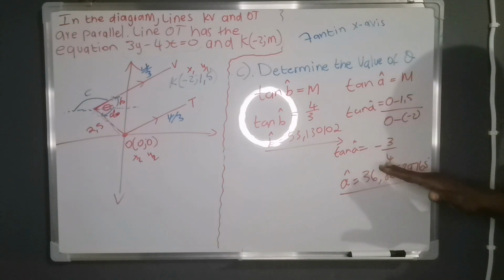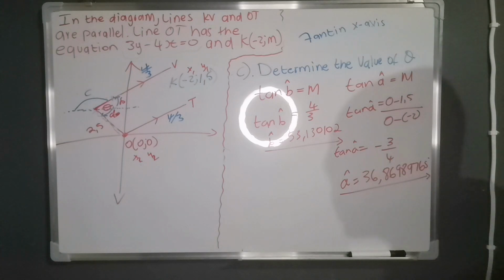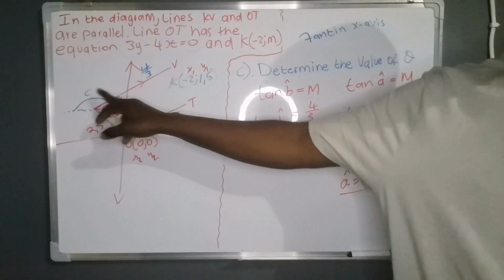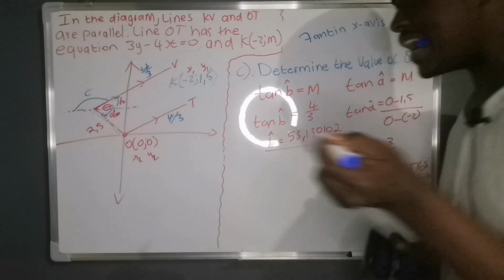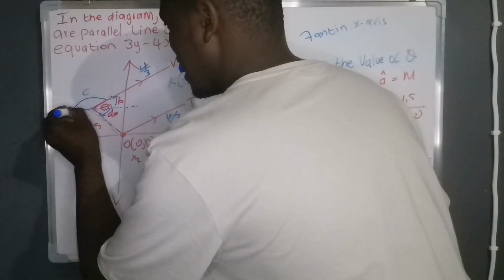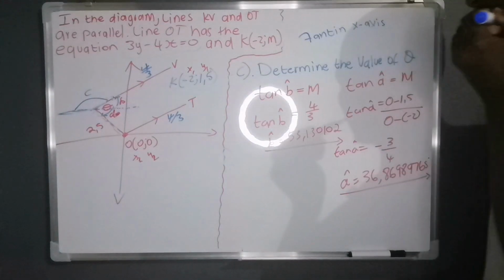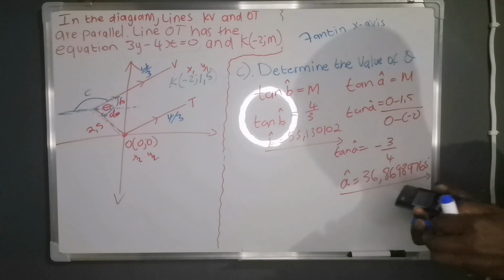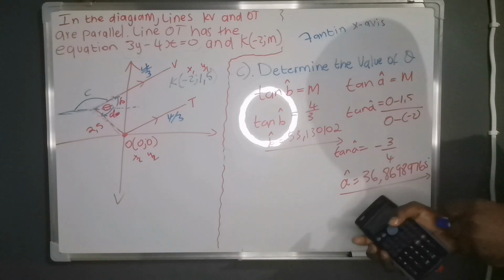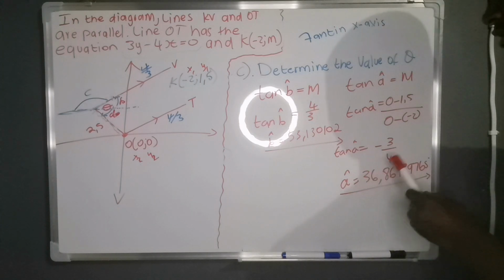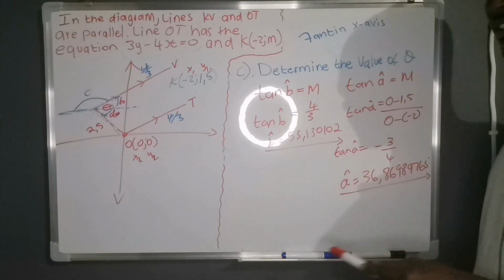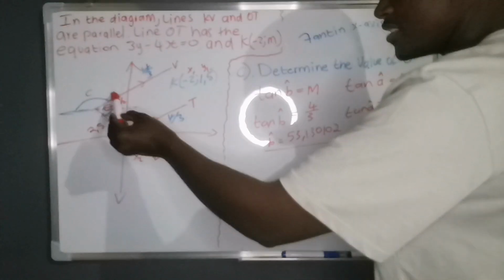It is because if I say 180 minus, I'll be finding this angle C, our obtuse angle. Hence, if I say 180 minus 36, it's going to give me 146. Therefore, that 146 is our angle C.